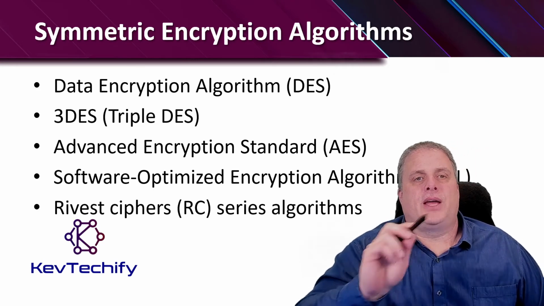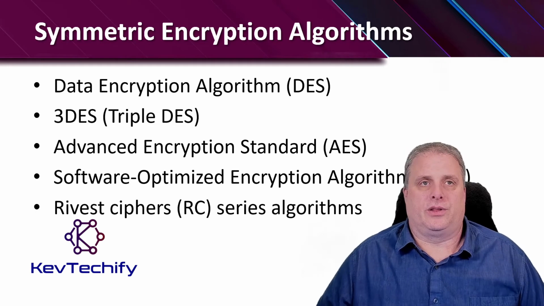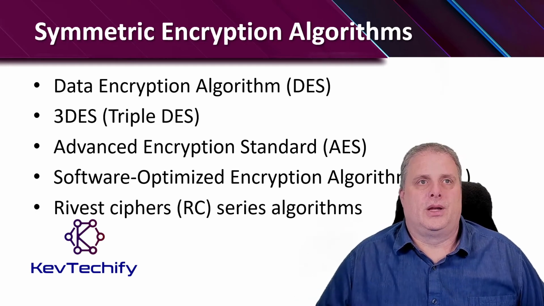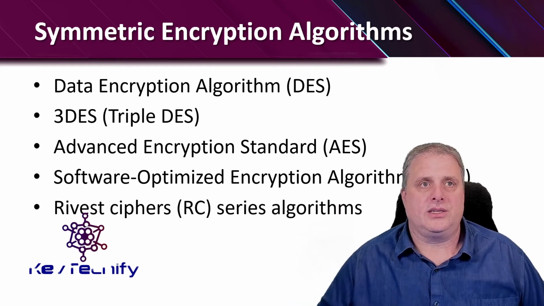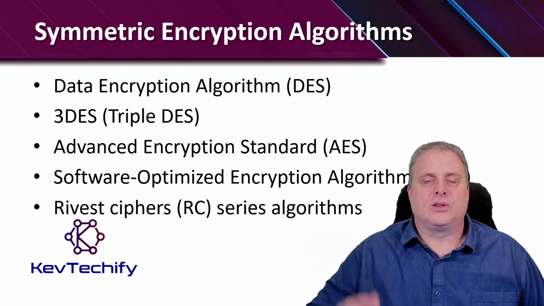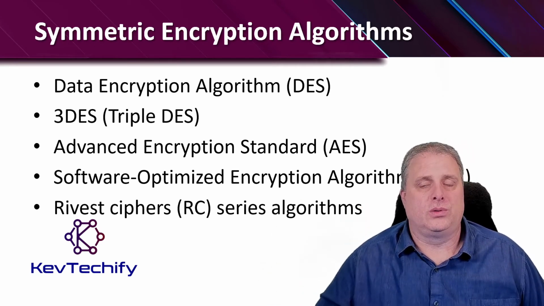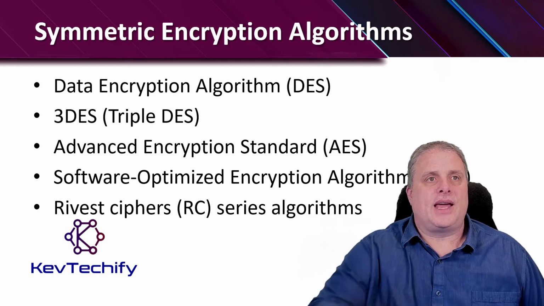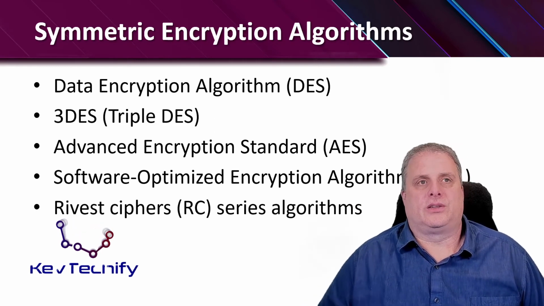Next symmetric encryption algorithm is software optimized encryption algorithm, or known as SEAL. It's a faster alternative than DES, triple DES, and AES. It uses 160-bit encryption and has a lower impact on your CPU, meaning it can get more data through there. And the last one we have is the Rivest Cipher series algorithms.